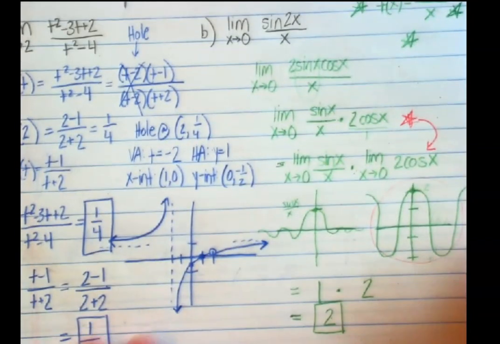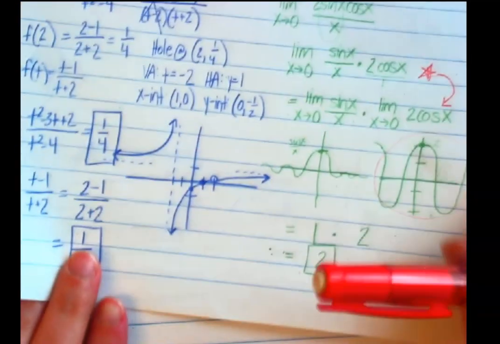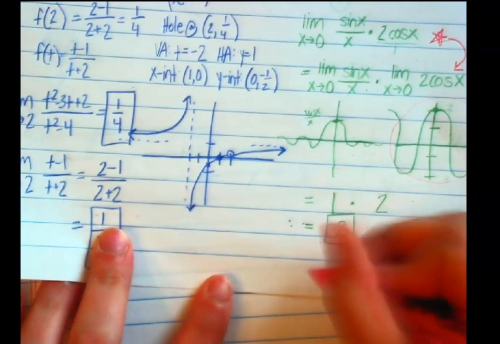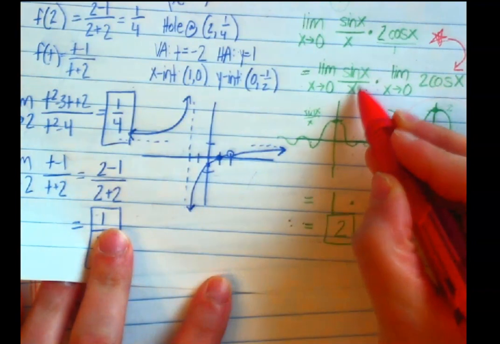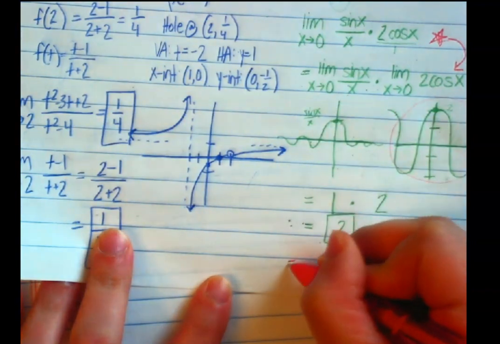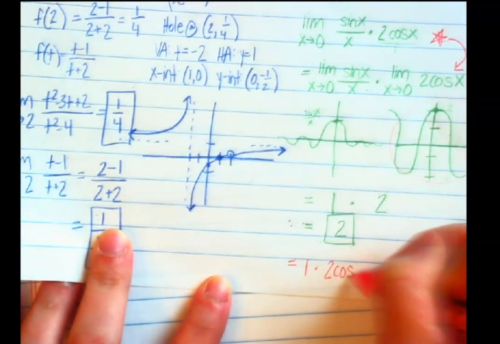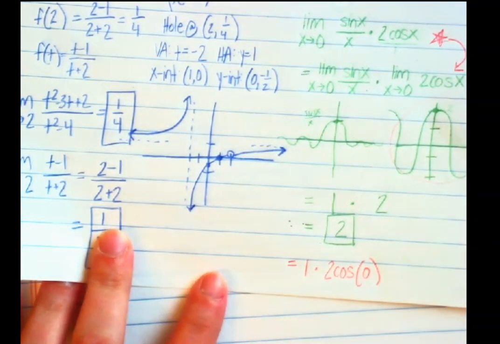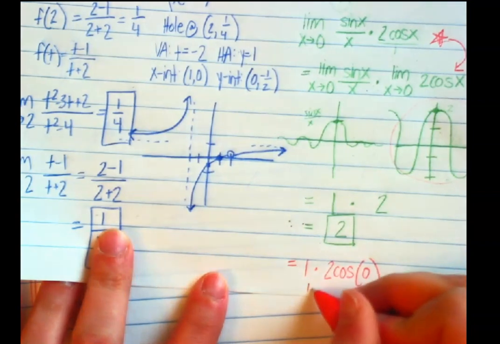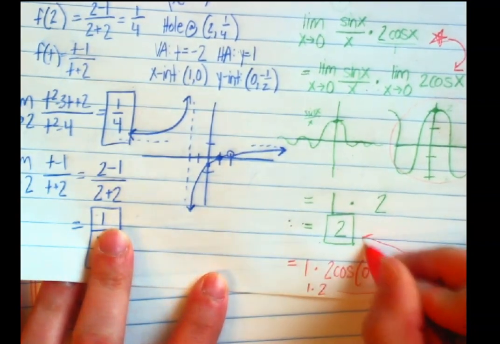So the limit as x approaches 0 of sine of x over x, that's a limit I should just know, that's 1. And over here, I would just plug 0 in for x. 2 cosine of 0 would be 2, so I would still get the same answer.